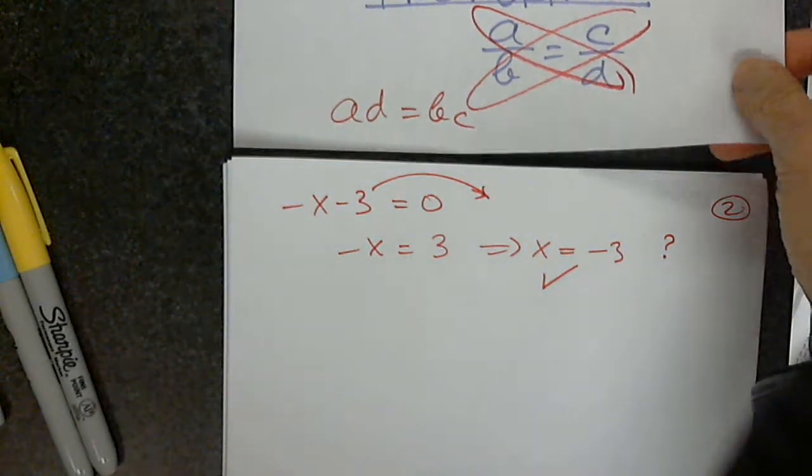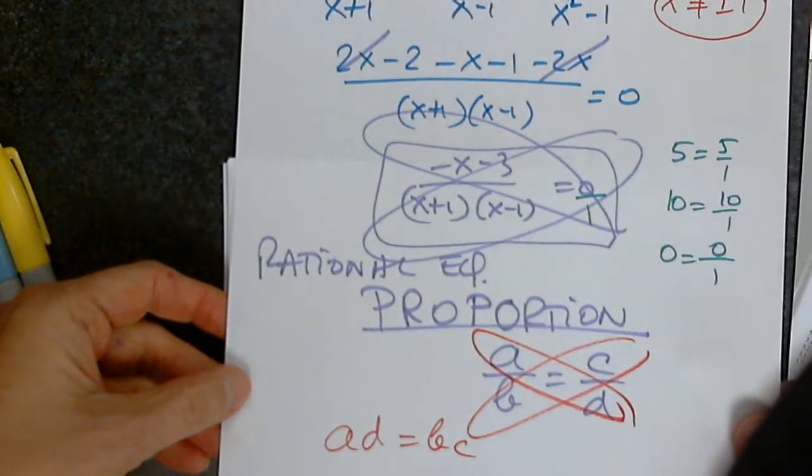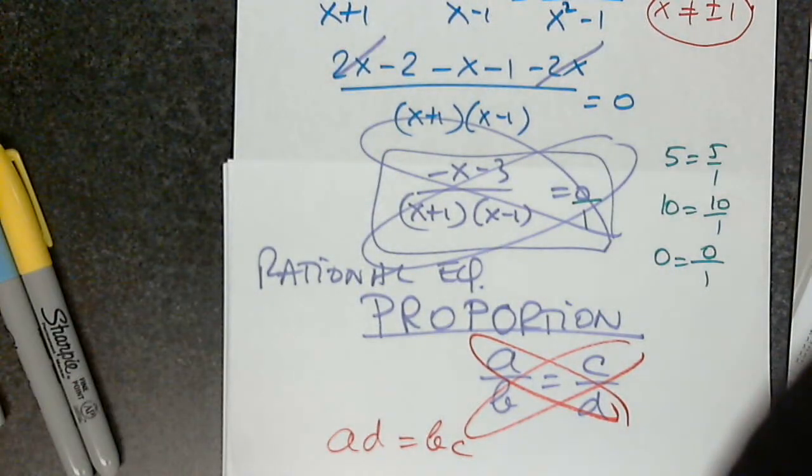What did I do with what? Say it again. Oh, we did this last time. You have it in your notes from last time. I didn't copy all the steps.